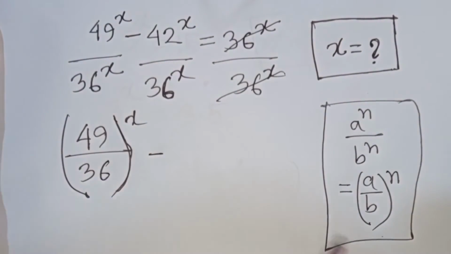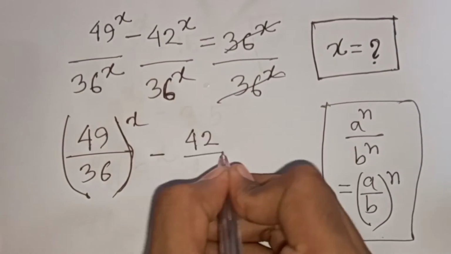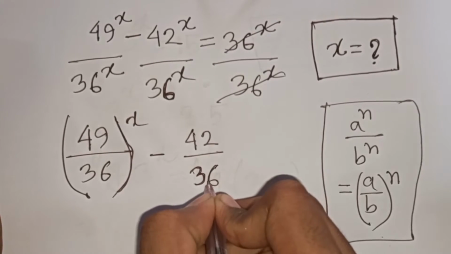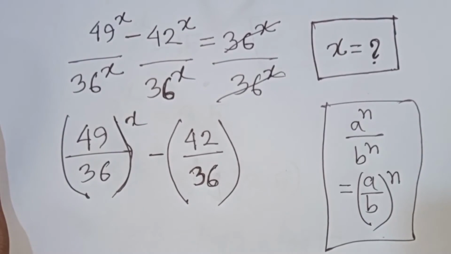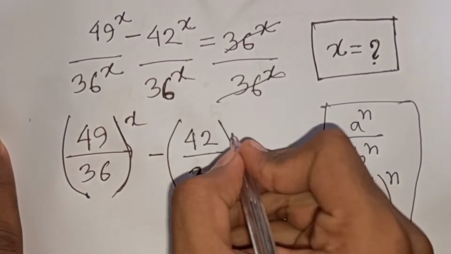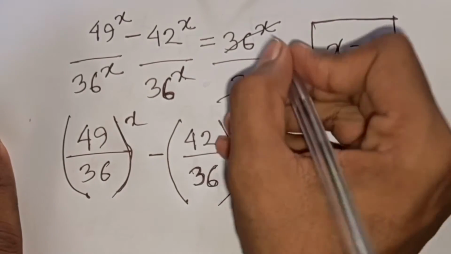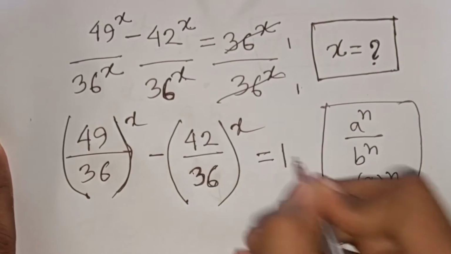So we can write here 42 over 36, then bracket common power x is equal to 1, since 36 divided by 36 is 1.